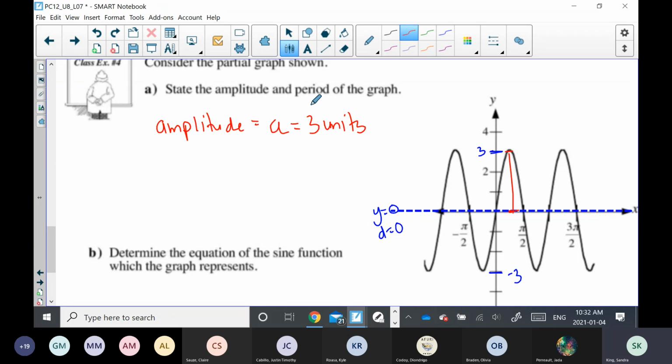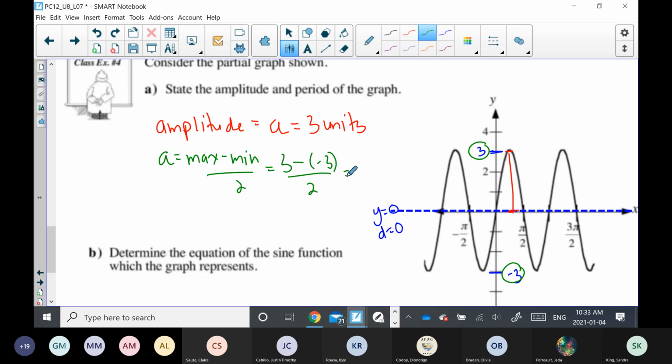But that is how you get that. If you wanted to confirm by doing the formula, it was max minus min divided by 2. The max of this graph is 3. The min of this graph is -3. And you divide that number by 2. 2 negatives gives you a positive. 3 plus 3 is 6 over 2. The a value is 3.